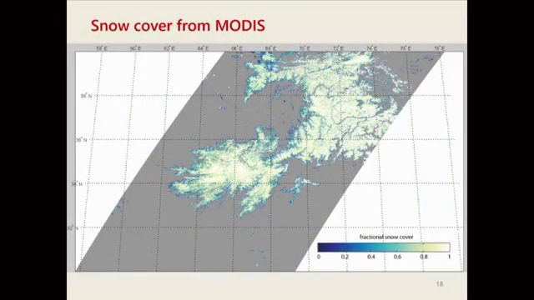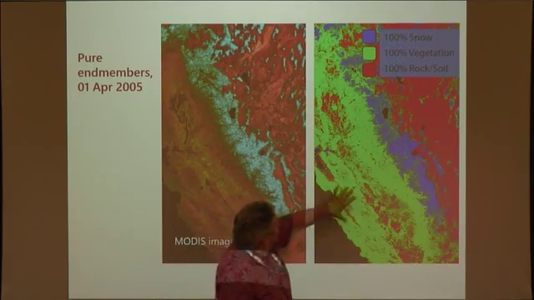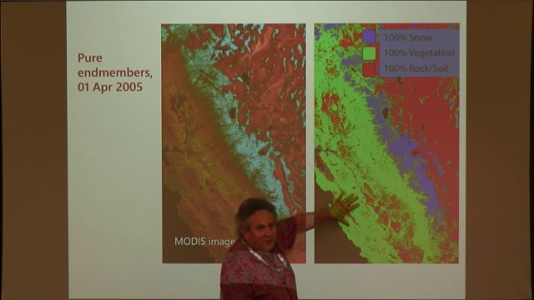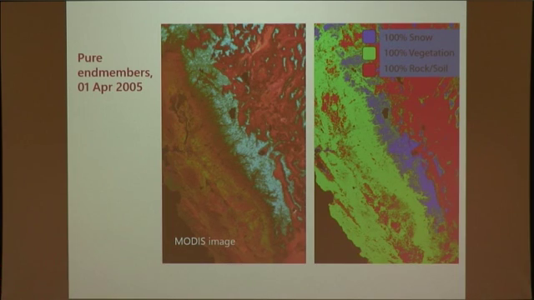And so with this spectrum, we can at least compensate for this coarser spatial resolution by estimating a fractional cover of snow within each pixel. So we can calculate what are called end members. In this case, the green is the concentration of the vegetation, the red is the concentration of soil, and the blue is the concentration of snow.